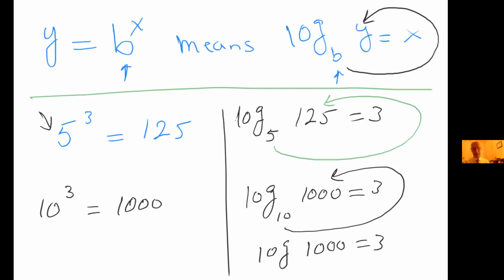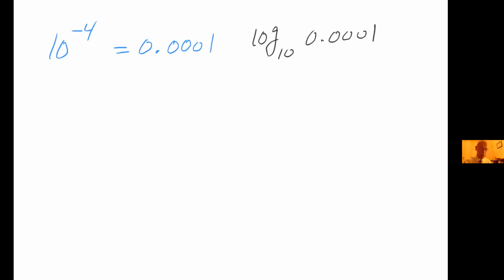Let's do one with a decimal. Let's say that I know that 10 to the negative 4, which is 1 over 10 to the power of 4, equals 0.0001, or 1 over 10,000. So if I want to write that in logarithmic form, I'm going to write down log base 10 of 0.0001 equals negative 4.